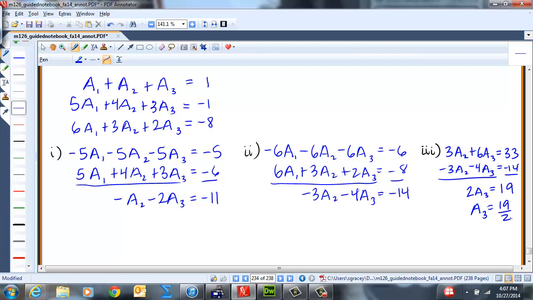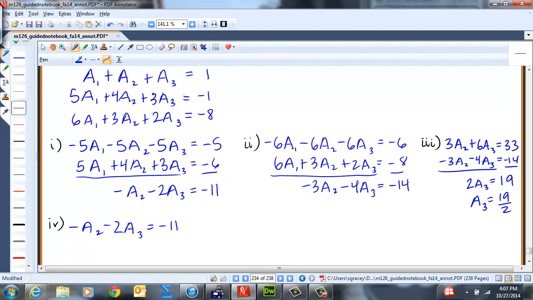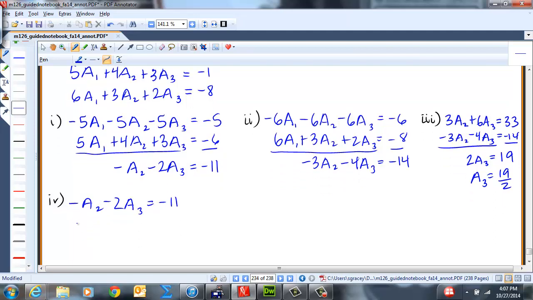So now we can start back substituting. If I plug a3 equals 19 halves into either one of these equations, I'll do it with this one. We had negative a2 minus 2 times a3 equal to negative 11, but we found that a3 was 19 halves.